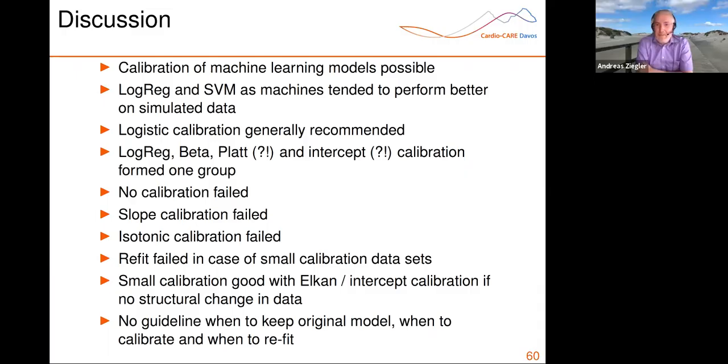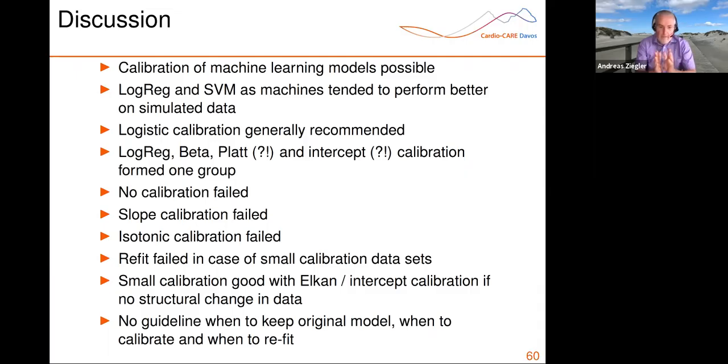I really love this question, Jamie, because we have been working on a myocardial infarction project, and we developed the model using several machine learning methods, and we used a super learner for the whole thing at the end of the day. And we had a calibration data set or a validation data set at hand, and so we wanted to calibrate on that data set. Our idea is, if you don't have a larger sample in your hospital. So in this case, it's diagnosis of myocardial infarction in the emergency department.